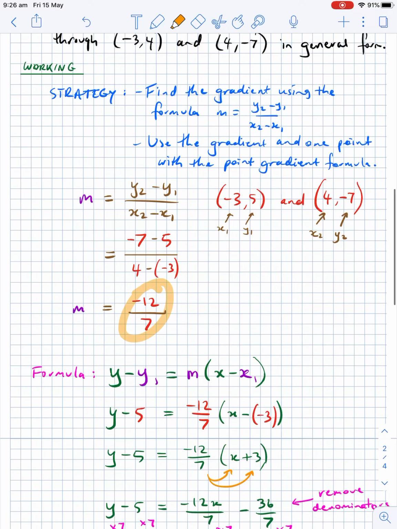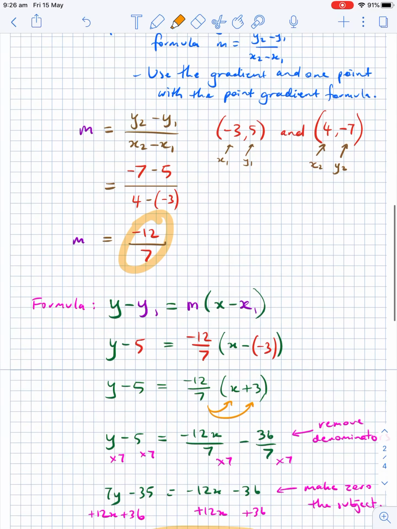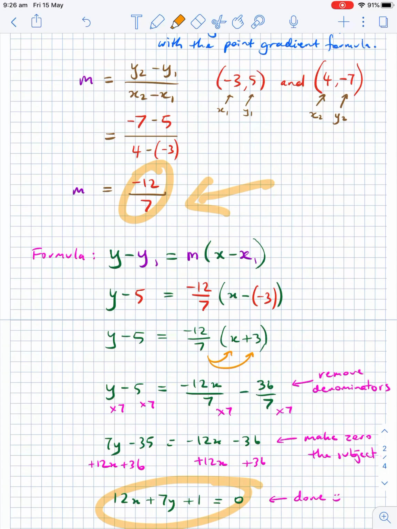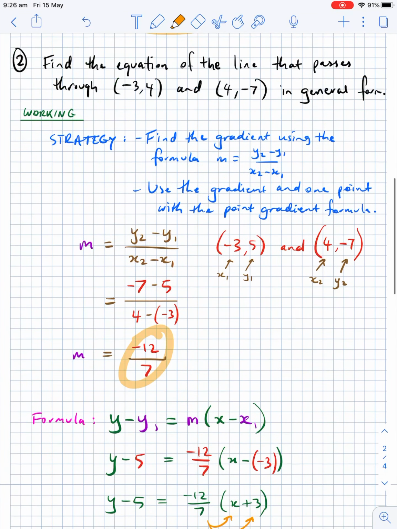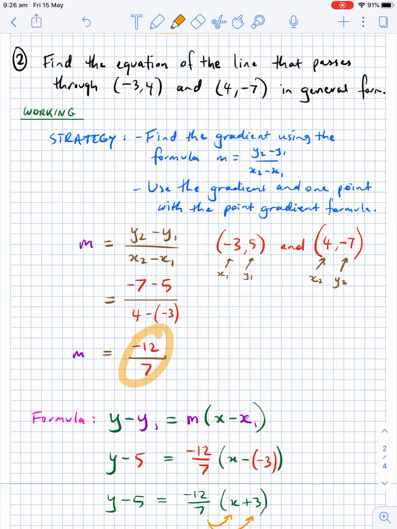So let's go through that process. So we've got to figure out what our gradient is for the gradient intercept formula. So we're going to use the 2 points that we've been given, and it comes out as a gradient of minus 12 over 7. That's as simple as it gets. We want to deal with improper fractions typically. And now that we've got our gradient, we've already been given a point. You can pick either of these.